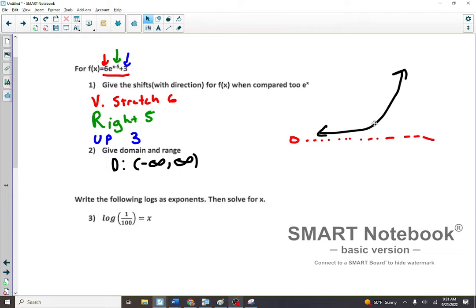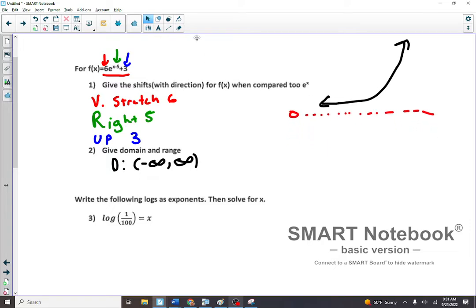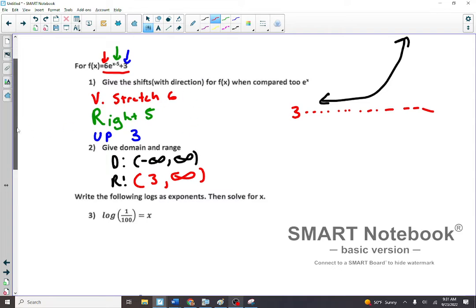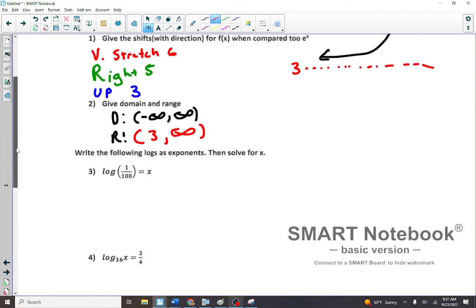Because this is getting shifted up 3, the asymptote is also getting shifted up 3. So it's no longer at 0. The asymptote will be 3. So the lowest value it ever reaches is 3. So range is going to be a soft bracket at 3, because it never reaches the asymptote, and it goes up forever to infinity. Never reaches the asymptote, so it's a soft bracket for that.